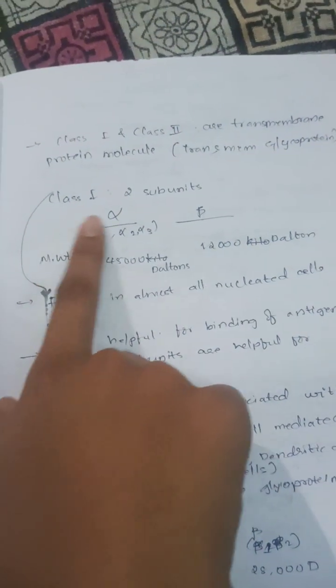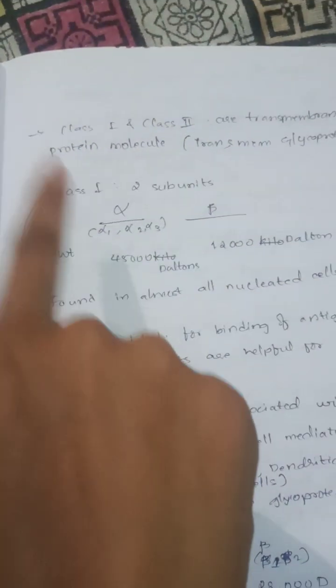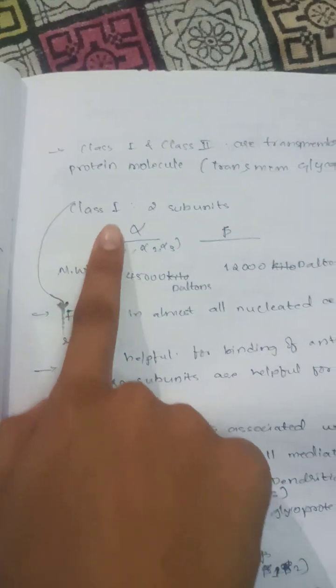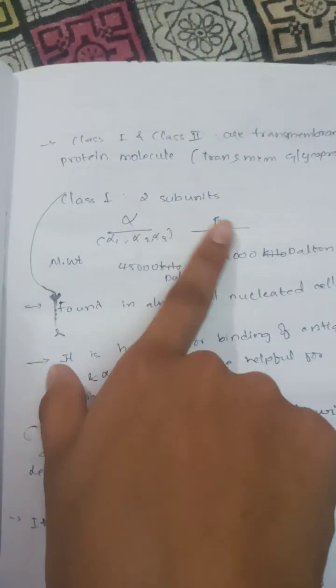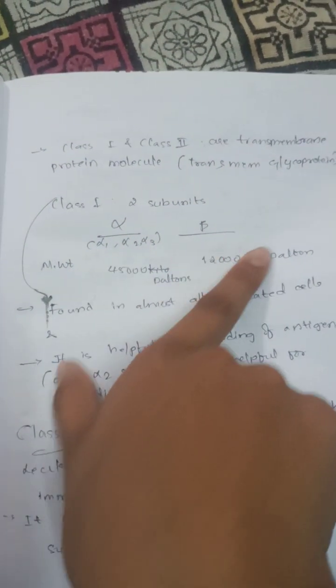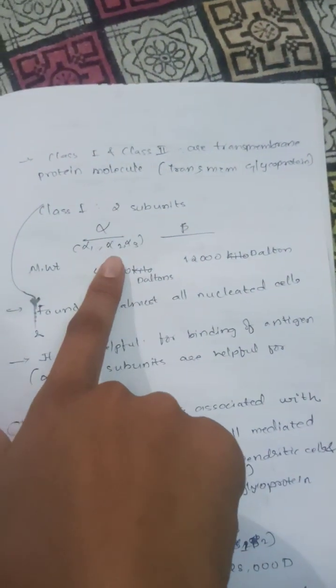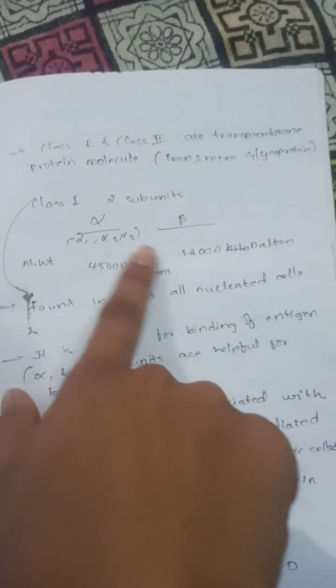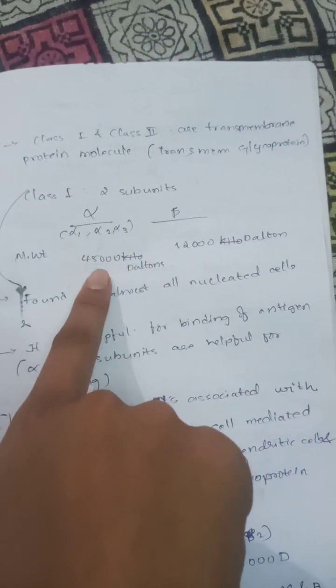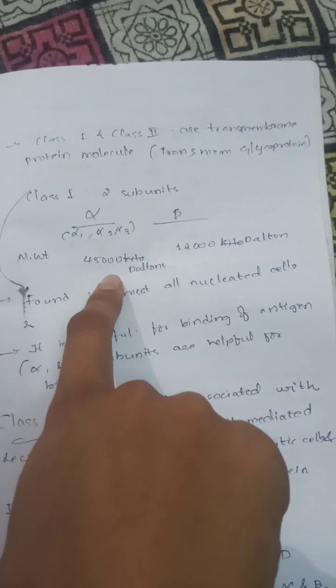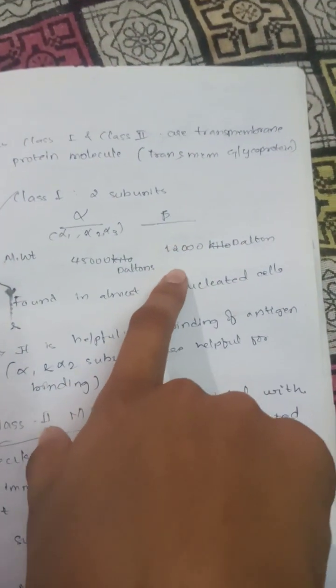Coming to the structure of class 1 MHC, class 1 major histocompatibility complex contains two subunits, alpha and beta, and alpha subunit consists of alpha 1, alpha 2 and alpha 3. The molecular weight of the whole alpha molecule is 45,000 daltons, while the beta subunit is 12,000 daltons.